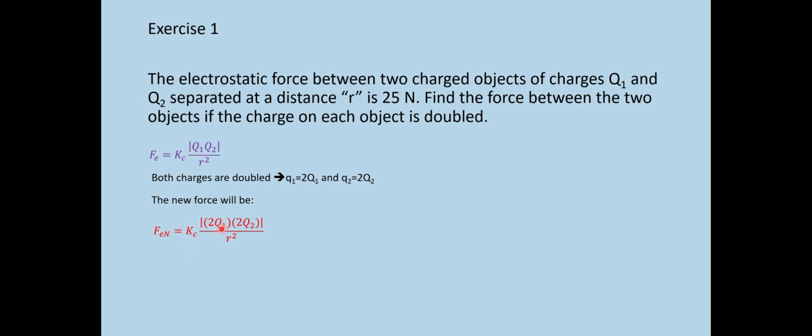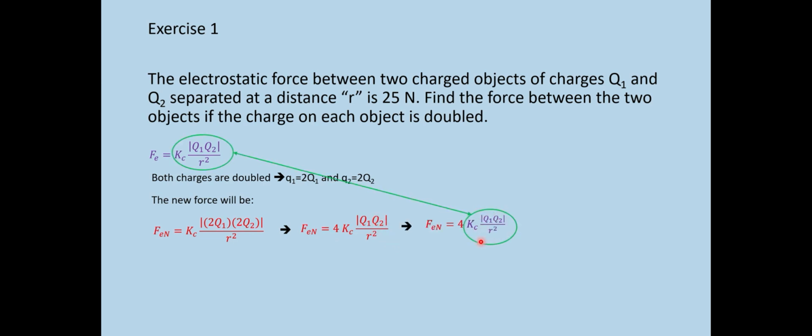Instead of Q1, I write 2Q1 because it is doubled. Same thing for Q2, it is 2Q2 now. So we have 2 and 2. Their product is 4. I take it out. So it becomes 4 Kc Q1 Q2 over r squared.